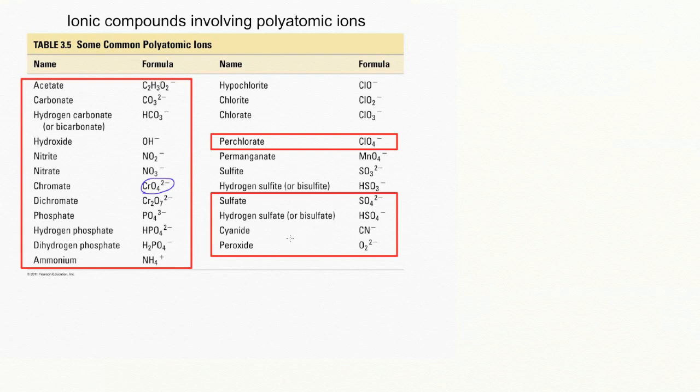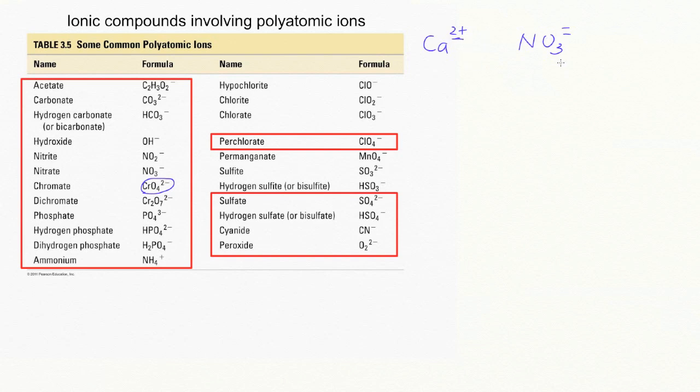Then, how do we write the formula for those ionic compounds involving those polyatomic ions? Let's use the example. If you have calcium 2+, and the nitrate, NO3-. How do we write the right formula between these two? You follow the same rules. You just focus on the charge.